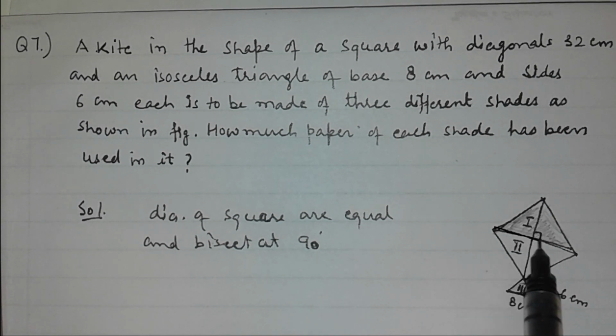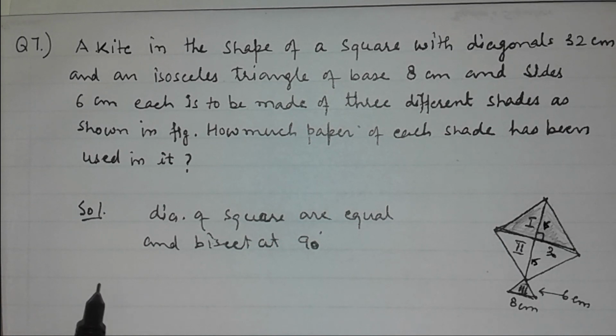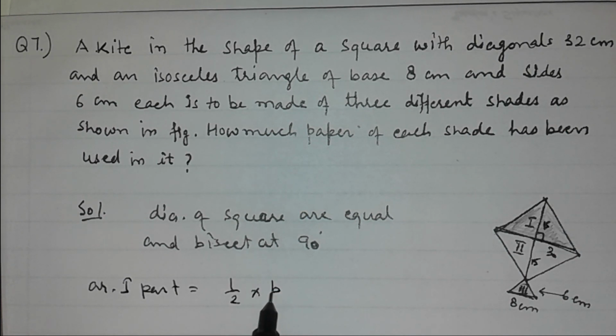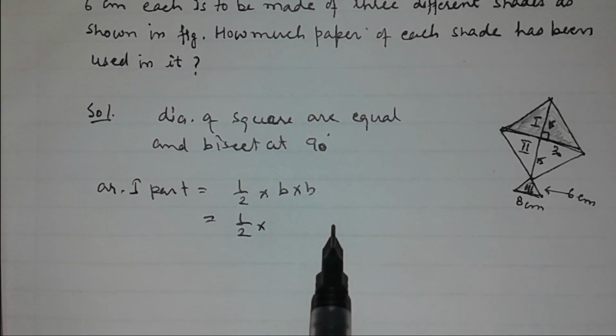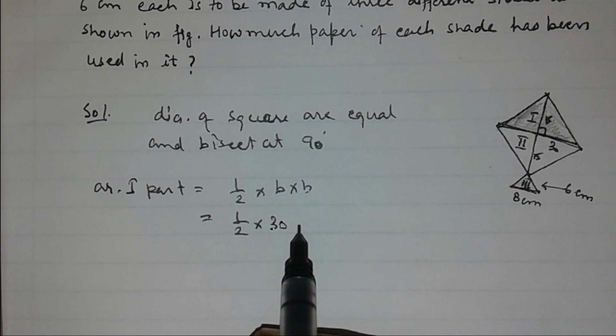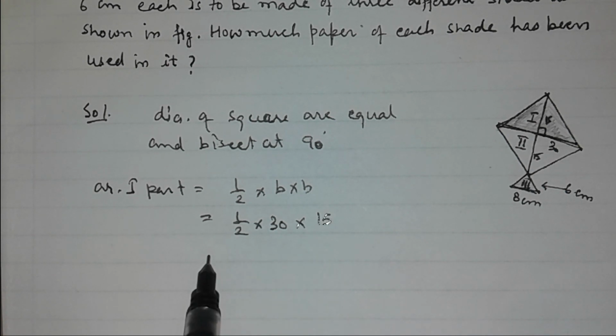So you see this is 30, this is also 30, but now it is 15 and 15. It is 15, it is also 15. So if you see area of first part is equal to half into base into height. So base is 30 and height is 15. So you will get here 15, 15, 20, 225. You will get 225.